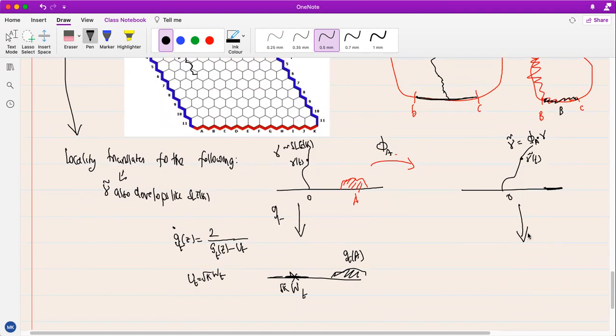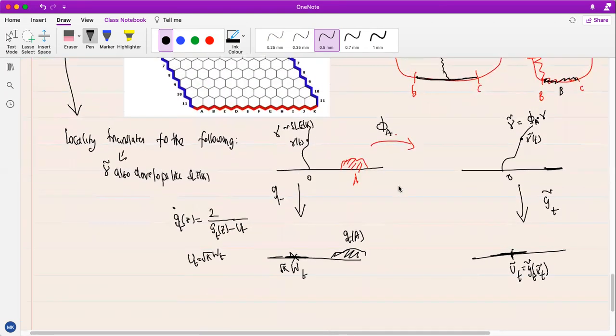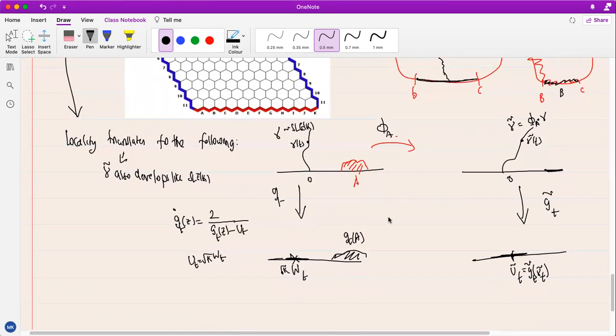In other words, if you look at the maps g tilde t, which kill gamma tilde 0 to t, that will map it to some U tilde t, which is g tilde t of gamma tilde t. So let me translate.